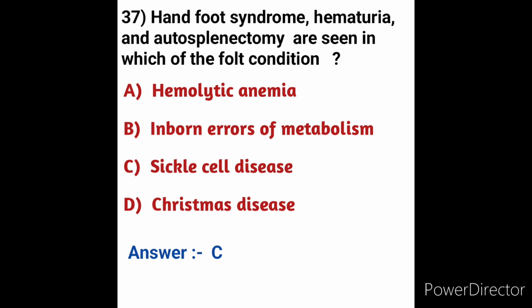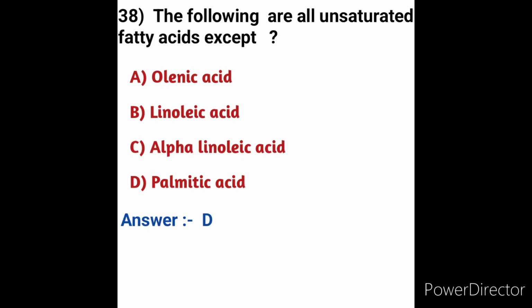The following are all unsaturated fatty acids except. Option A oleic acid, option B linoleic acid, option C alpha linolenic acid, and option D palmitic acid. Here option D is the correct answer, palmitic acid.